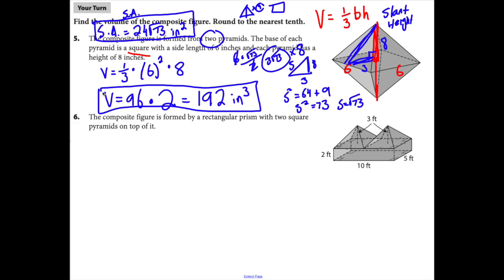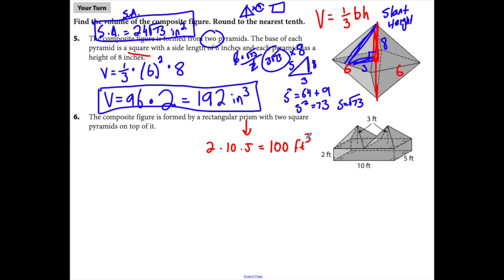Okay, so what we have here, let's dissect this. First we have our prism base, and that's 2 by 10 by 5. So we have the rectangular prism, 2 times 10 times 5, and that is 100 feet cubed.